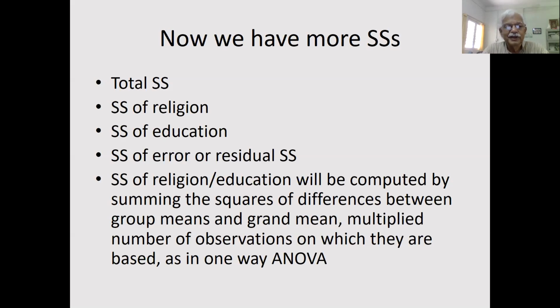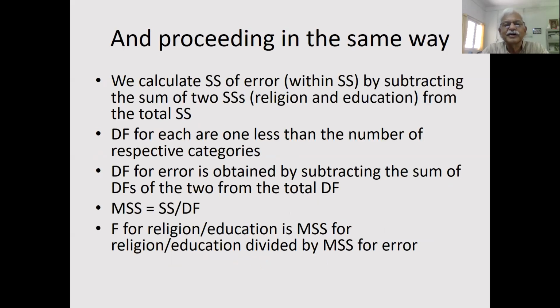And the sums of squares of religion and education will be computed by summing the squares of differences between group means and the grand mean, multiplied by the number of observations on which these means are based, as in the case of simple ANOVA. So far it employs the same logic, the same technique as ANOVA.